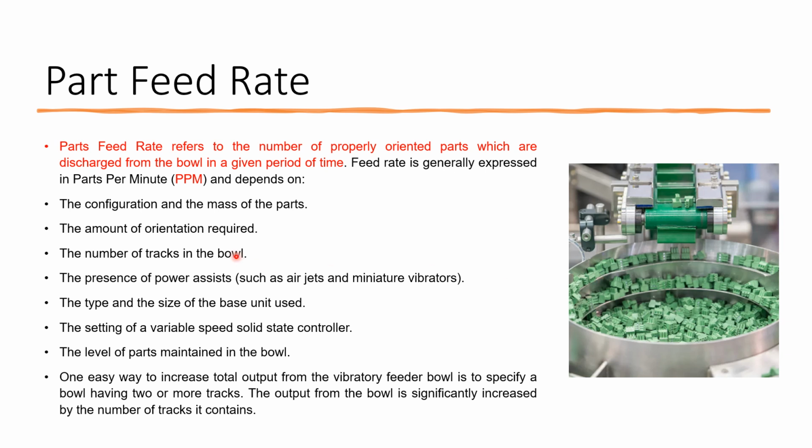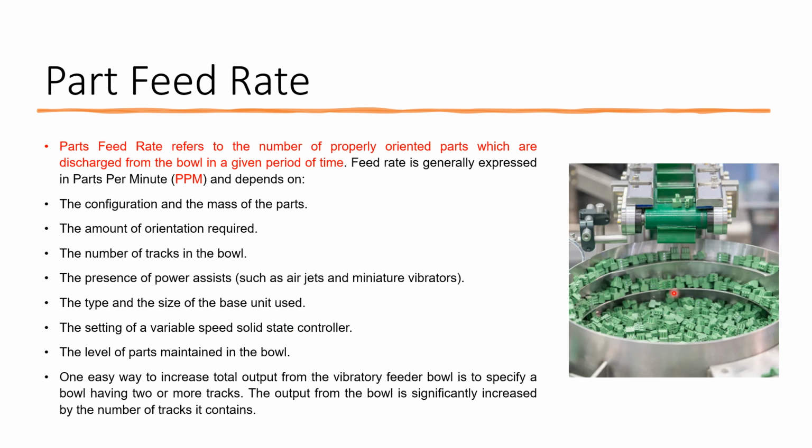That is dependent on the configuration and mass of the parts, the amount of orientation required, whether we want a huge change in the orientation or just a small change, the number of tracks in the bowl, the type and size of the base unit, and controller speed.